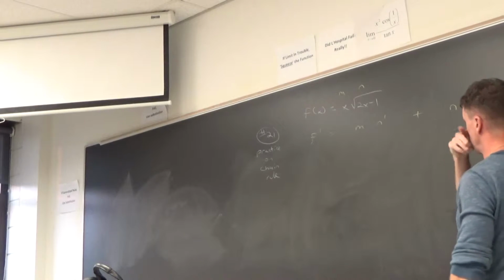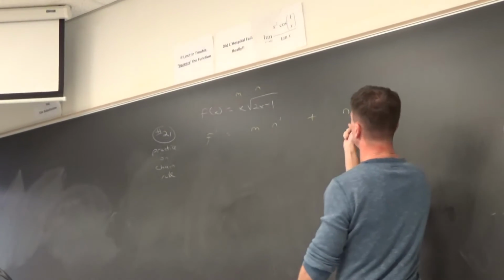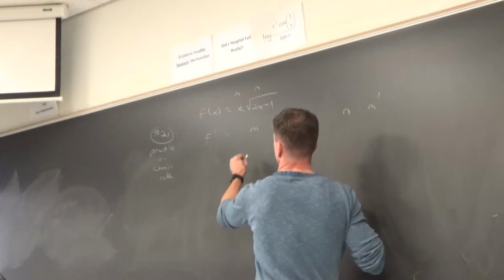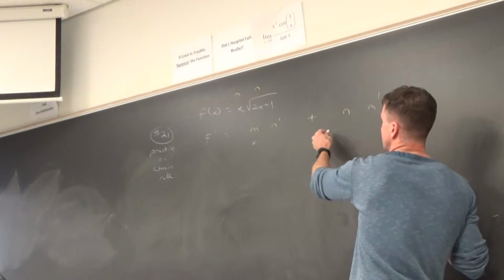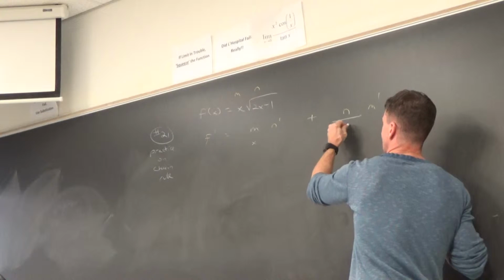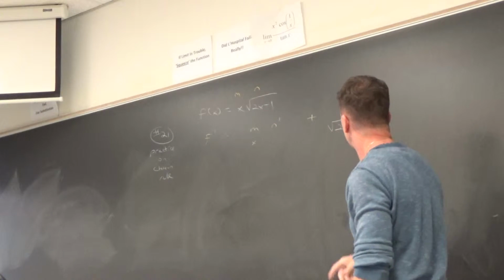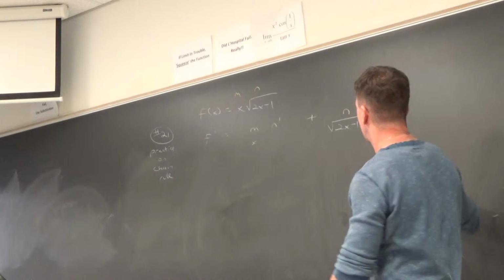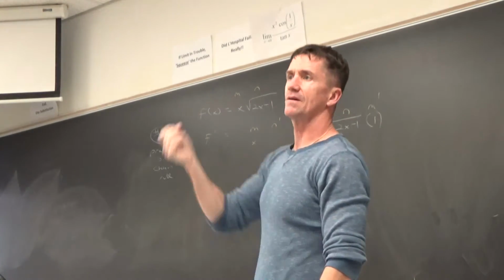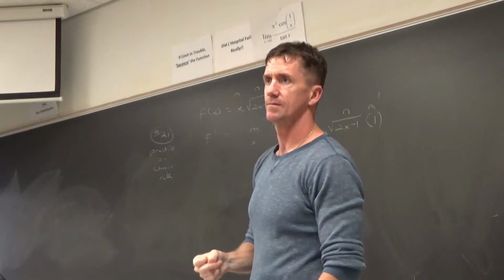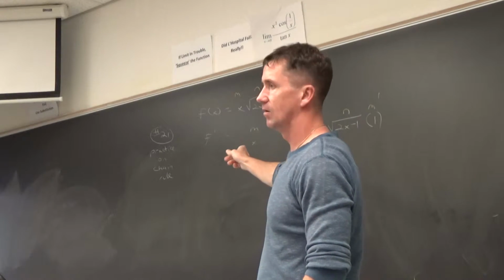I think 3 of these are a piece of cake. What's m? x. What's n? 2x minus 1 to the power half. What's m prime? 1. I'll even write it, just so you know there's something there, 1. 3 out of 4, we're like, done. And then you're like, whoa.